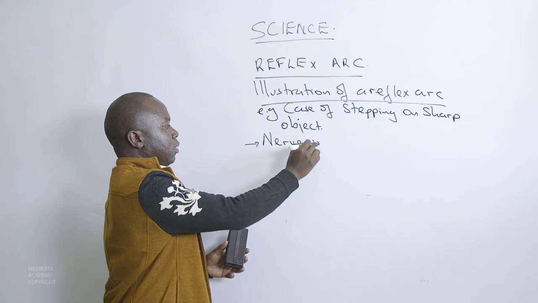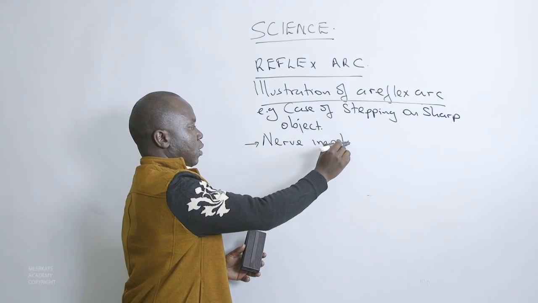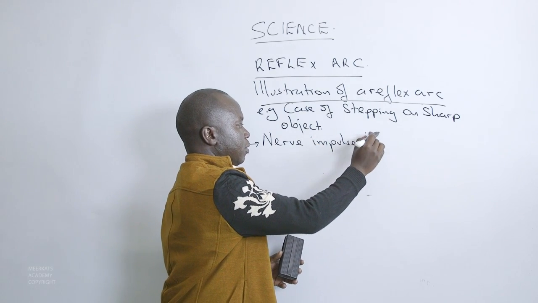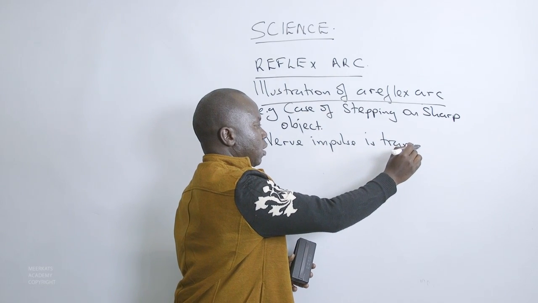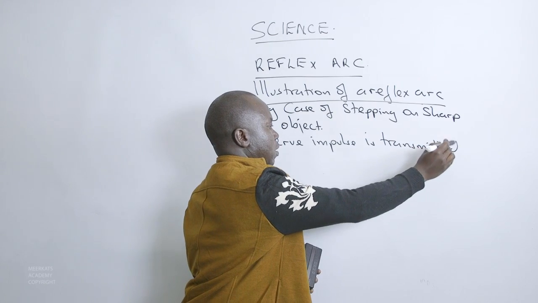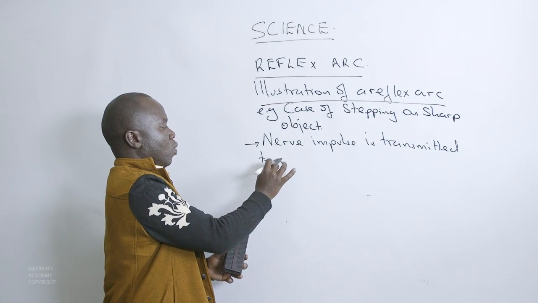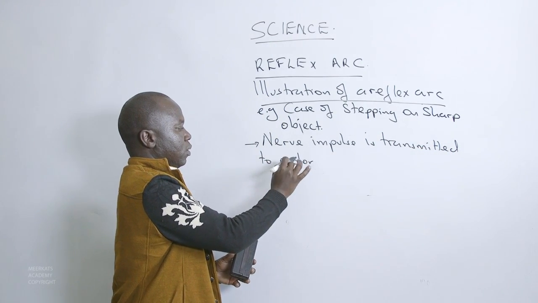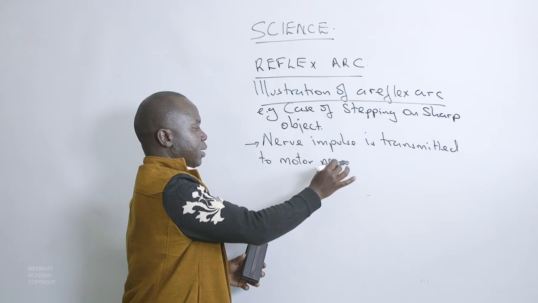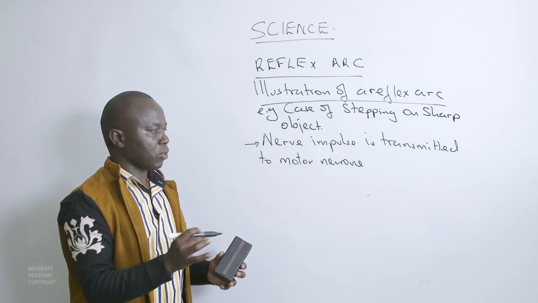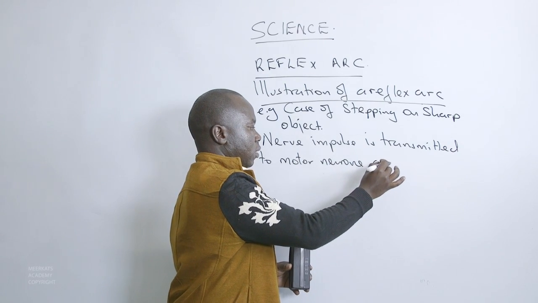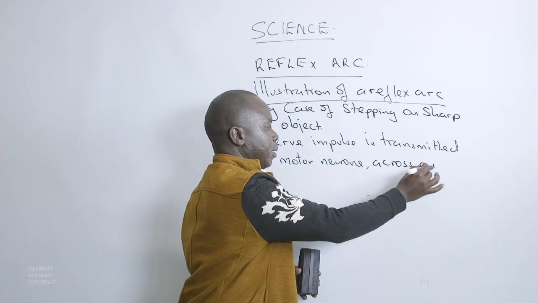The nerve impulse is transmitted to the motor neuron, but again across a junction, across a synapse.